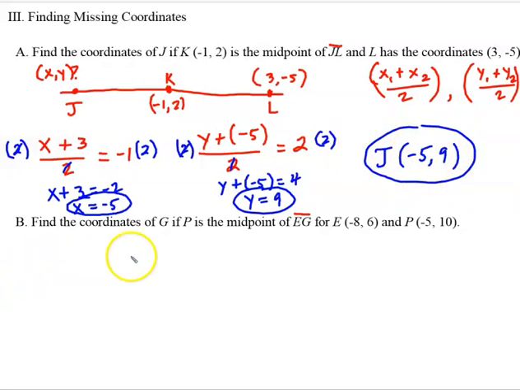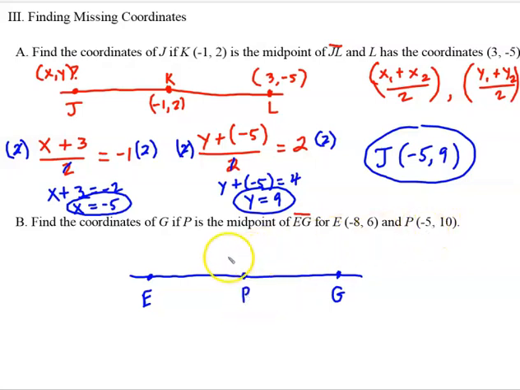Okay, let's do one more of those. Sort of like it. Find the coordinates of G if P is the midpoint. Okay, again, I know this is on the coordinate plane, but I just want to provide a little picture just so we can see what's going on here. EG is the entire segment, and P is the midpoint.